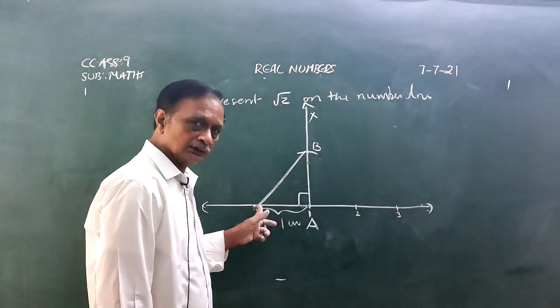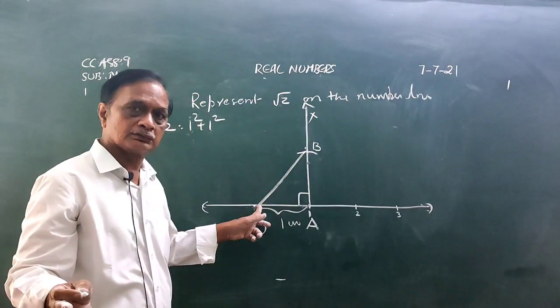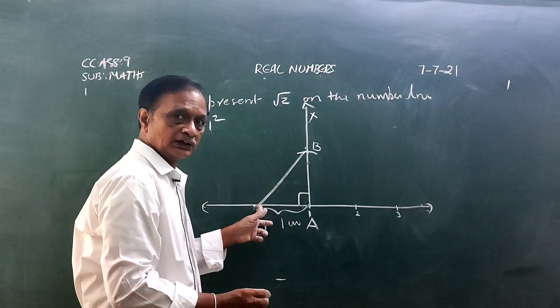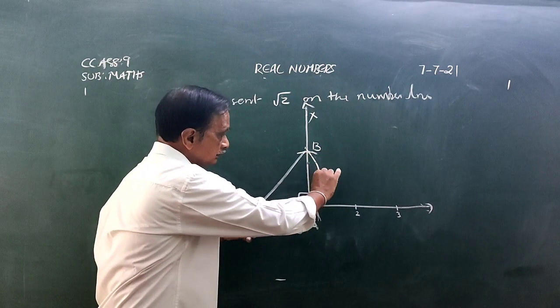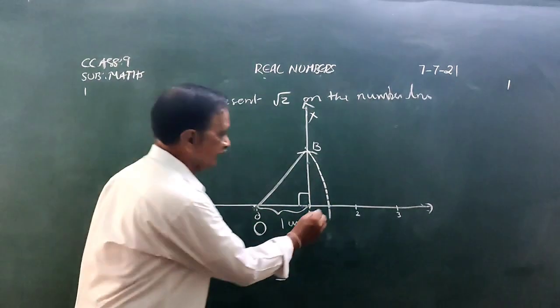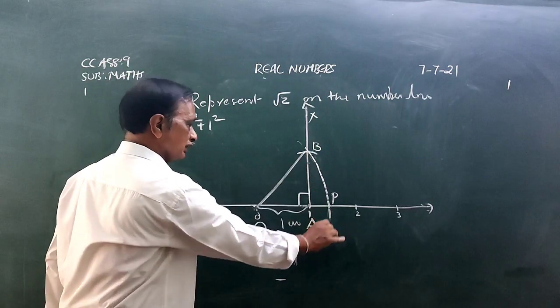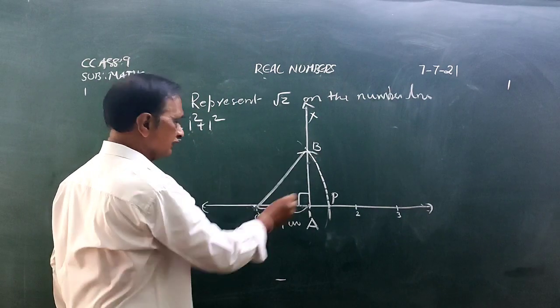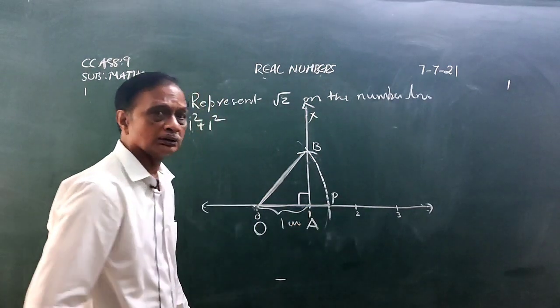Taking O as center and OB as radius, you know how to draw circles. Taking O as center and radius OB, drawn an arc to intersect the number line at P. If you go on continuing to draw this arc, you will get a circle. In that circle, OB and OP are called what?